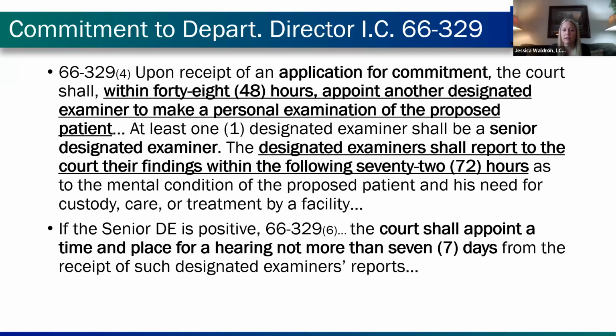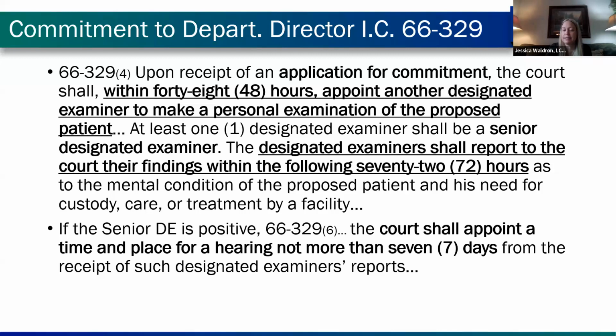Most of the counties in the East Hub have the junior designated examiner as the first DE, and then the senior designated examiner as the second DE. But that's not necessarily consistent across the entire state, although we are trying to work towards more consistency throughout the state.